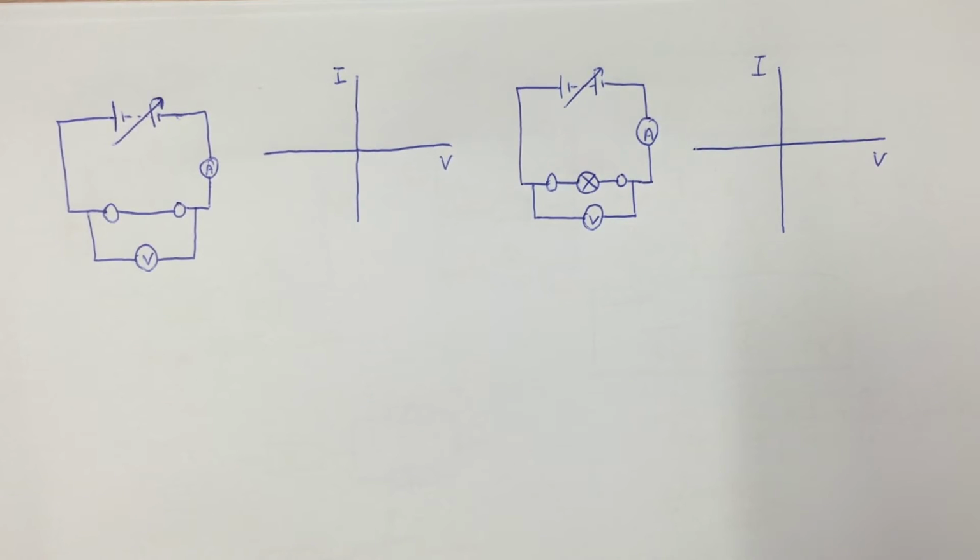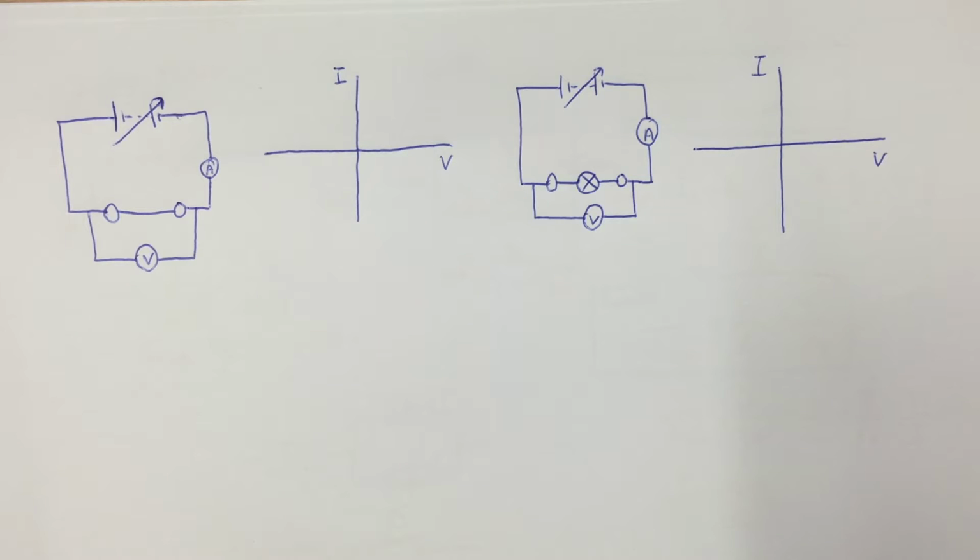This lesson is on IV characteristics. Now, IV characteristics are graphs, and different electrical components have different IV characteristics and different shapes of graphs, depending upon what happens to their resistance as the current specifically changes.